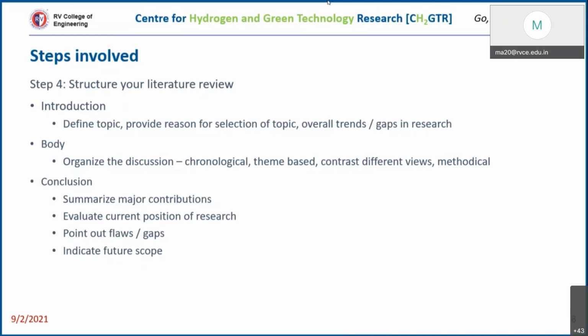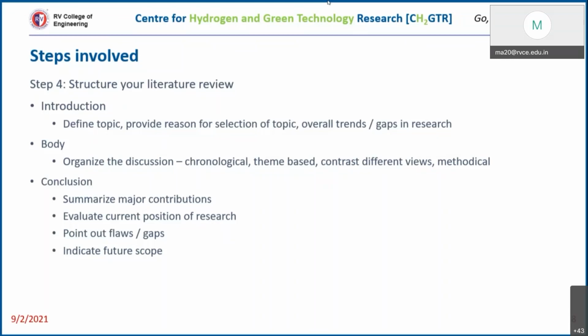Likewise, every quartile will have differences. Q3 and Q4, when compared with Q1 and Q2, the quality is a little less. However, if you end up finding information from any of these journals from Q1 to Q4, it is much better than other articles.